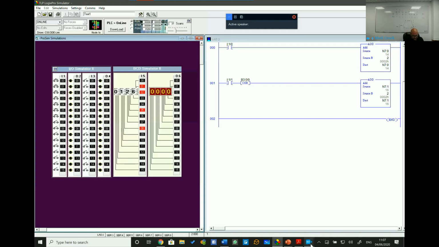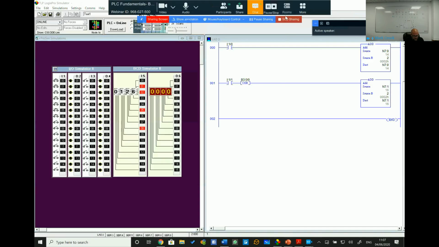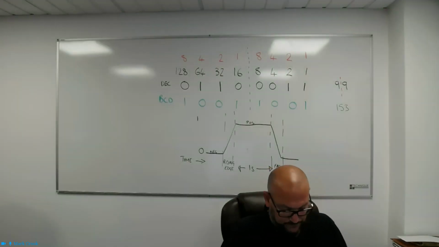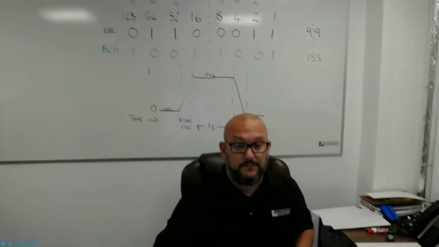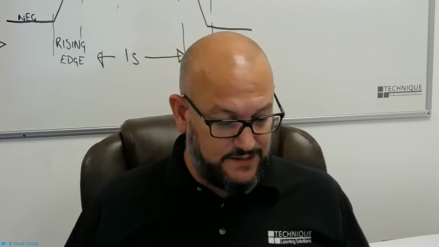We're actually going to come out of this now and back to myself for one second. So stop sharing, back to myself. And the next thing we're going to do is look at a little sample program which is going to allow us to create a conversion using several maths commands.